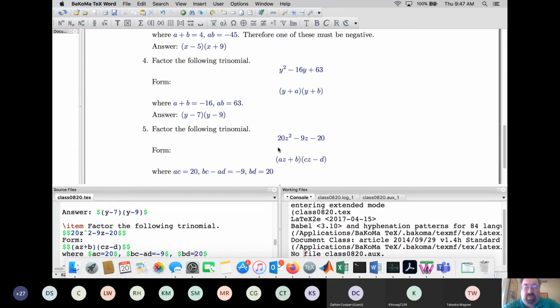So what you could do, and there are different approaches we can take to this problem that I'll show you, is go through the different factors of 20 as possibilities for a and c, and also for b and d, and see which combination works.